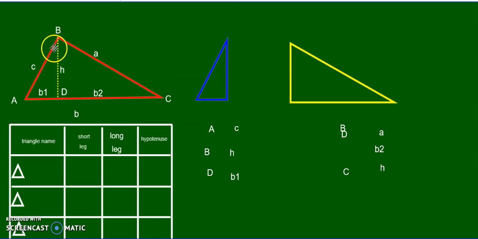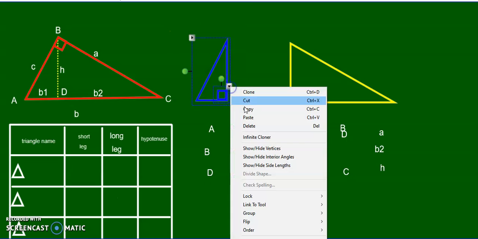This one too has a right angle. Maybe I should write that down. The blue one and the red one both have a right angle, and this angle here is the same. So the blue one and the red one must be similar.